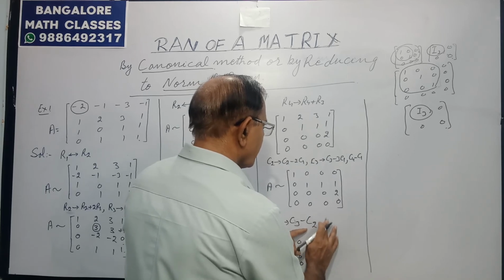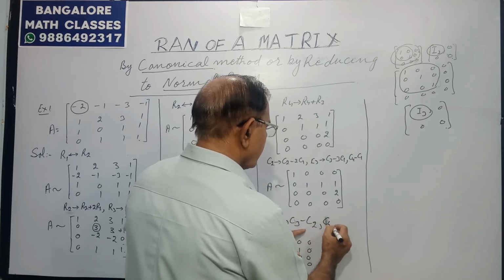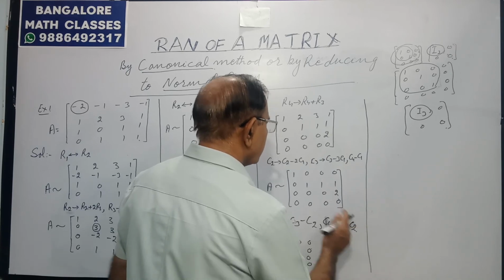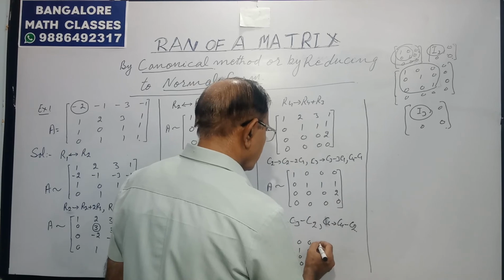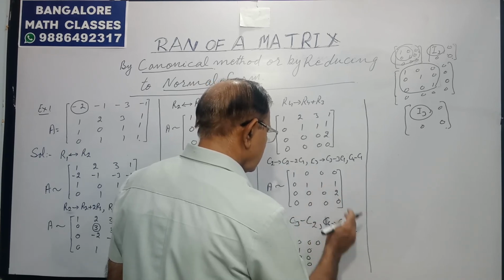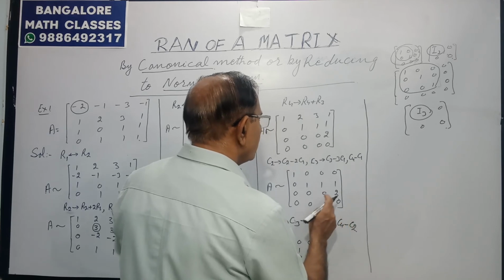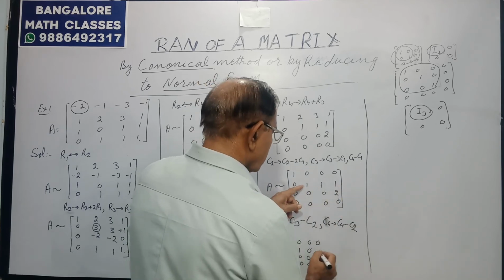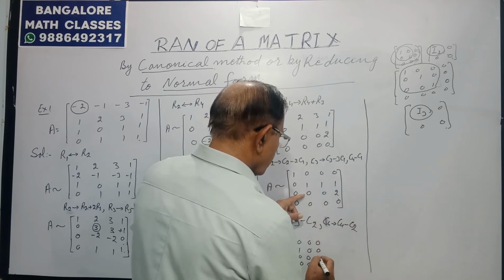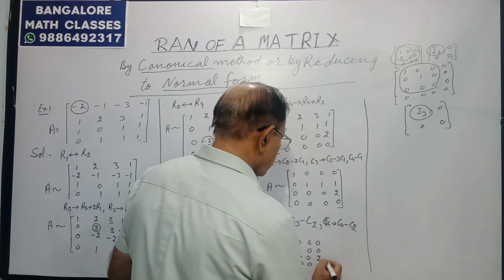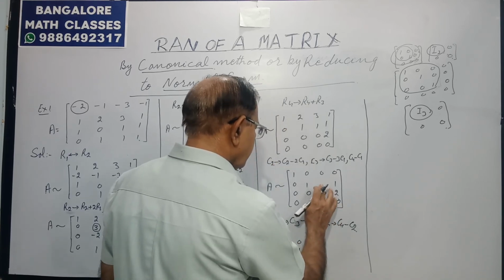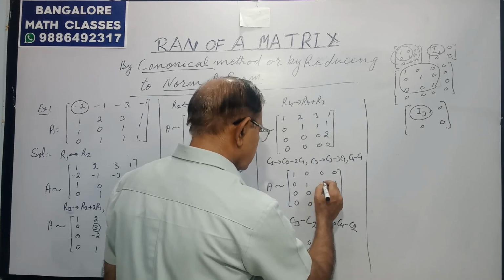C4 to C4 minus C2, which will give you 0. C4 minus C2, 4 minus 2, 0. Like that we will get 0 here by subtracting.